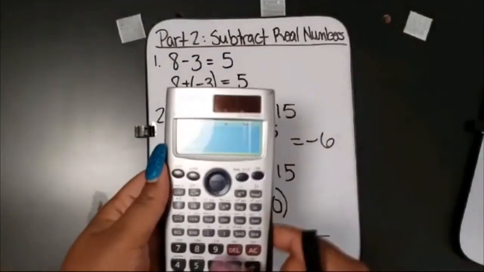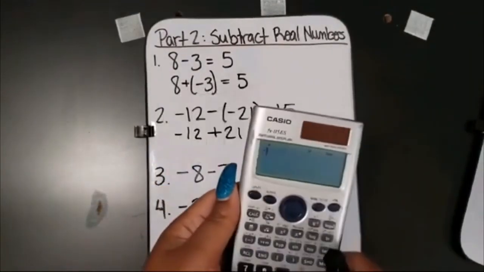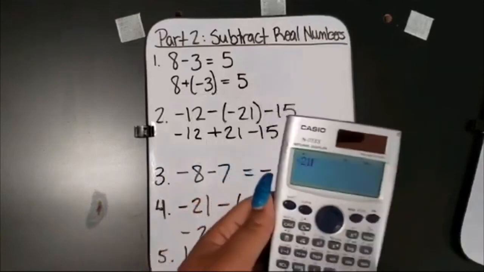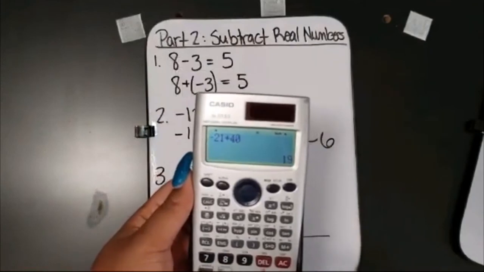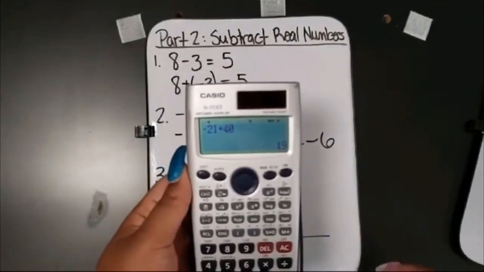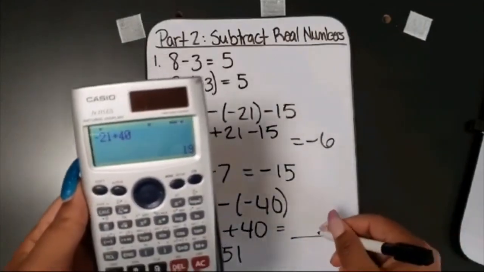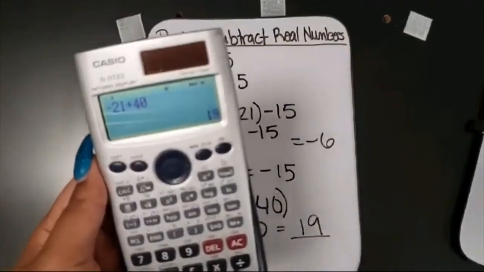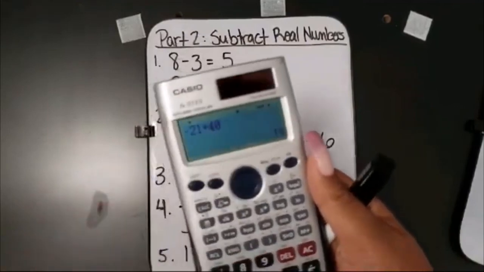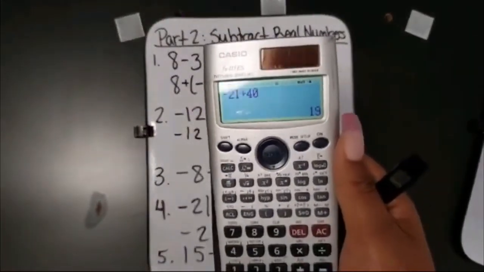Okay, so for number 4, you should have negative 21 plus 40, which is negative 19. Oh, positive 19. I'm looking at positive 19 and saying the wrong thing. So it's positive 19, all right?